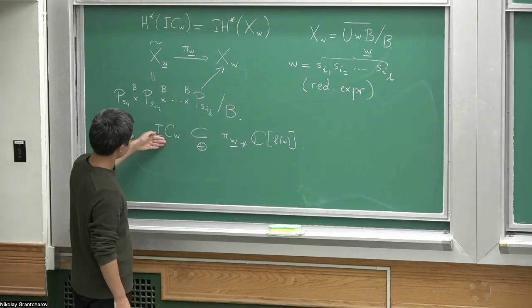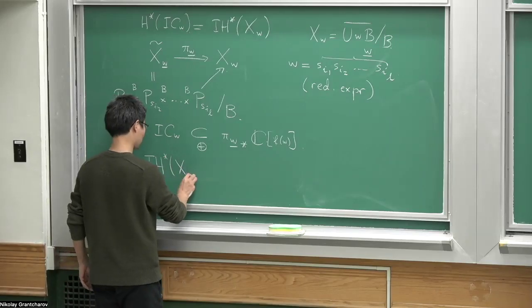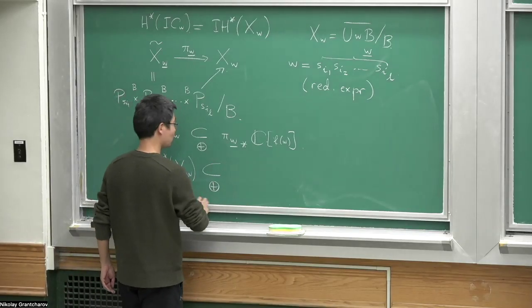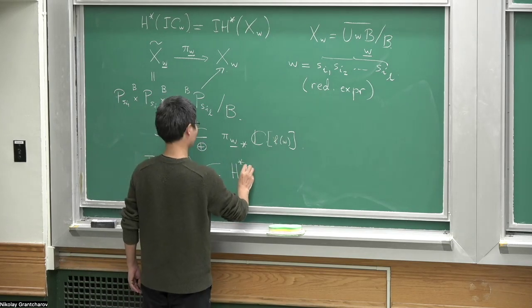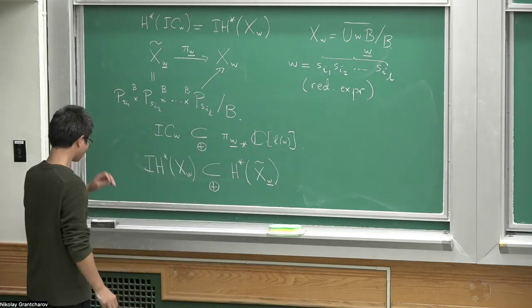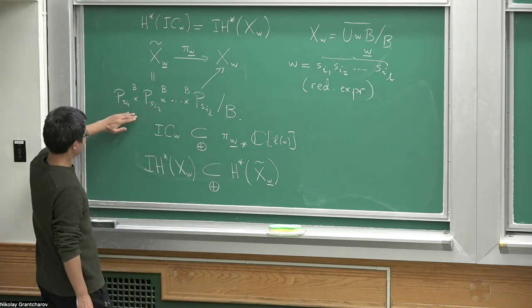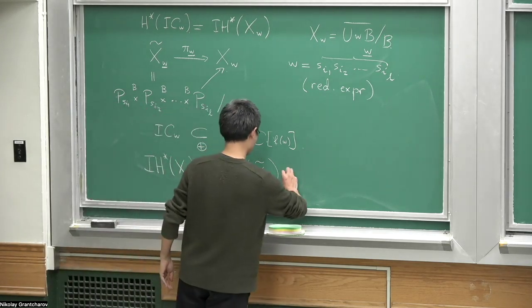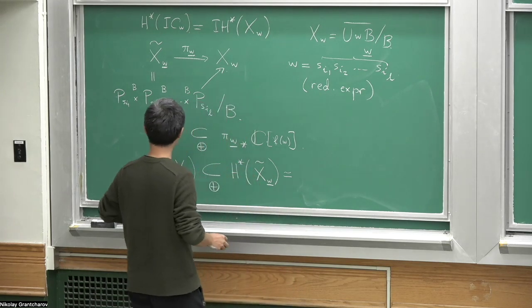So its global sections is a direct summand of global sections of this, which is the cohomology of the Bott-Samelson variety. And this is a successive P1 fibration, and in fact it can be calculated.